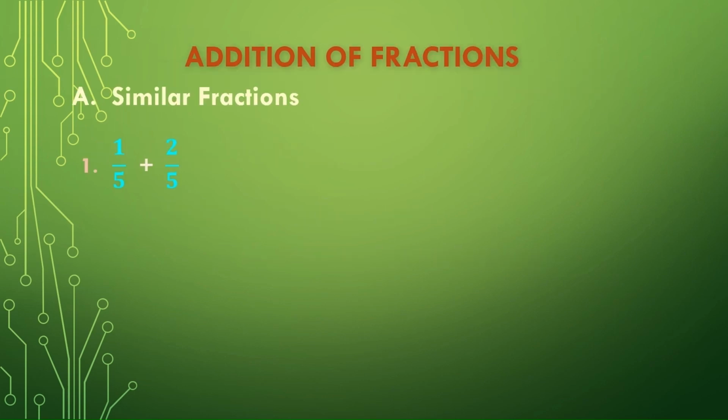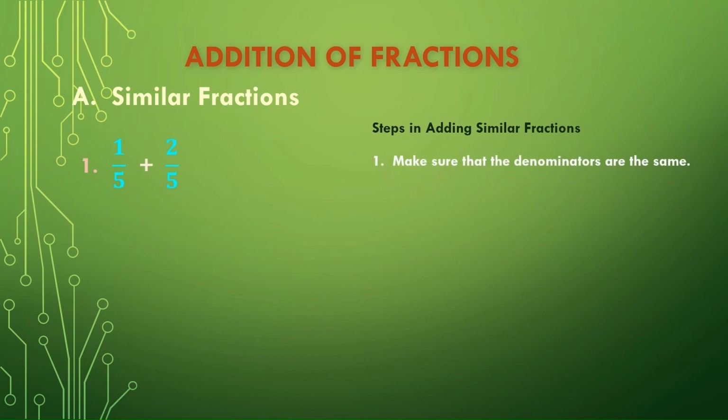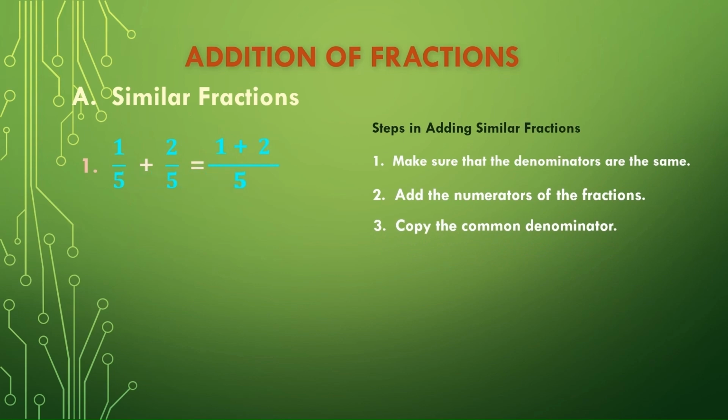Number 1, let's add 1/5 and 2/5. When adding fractions, make sure that the denominators are the same. Only the numerators are added, so we add the two numerators, 1 plus 2. Then, let's copy the common denominator.